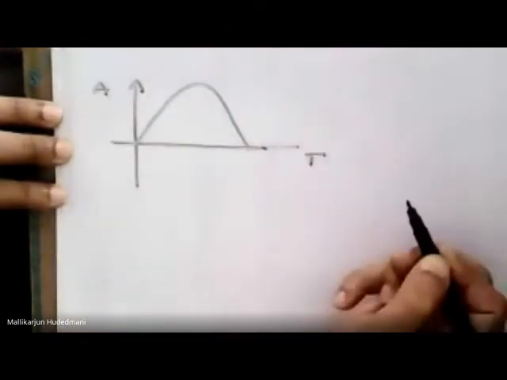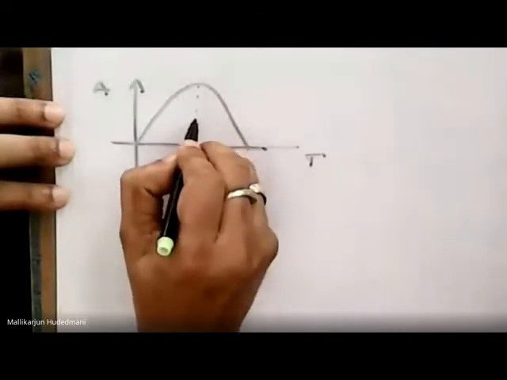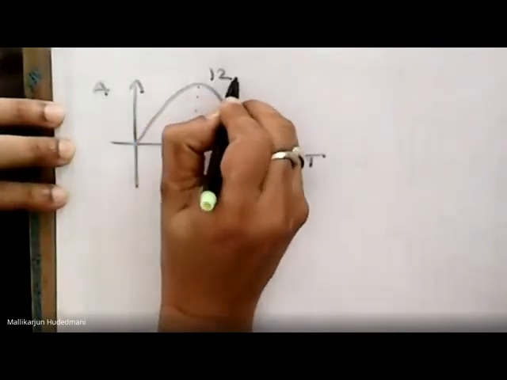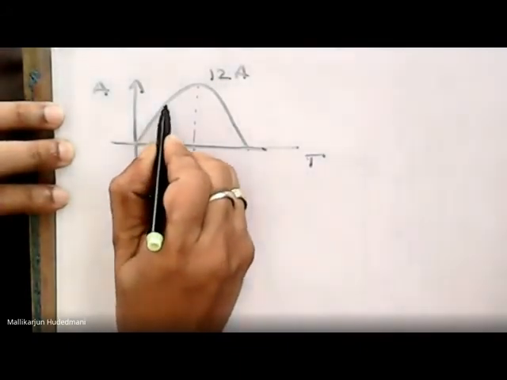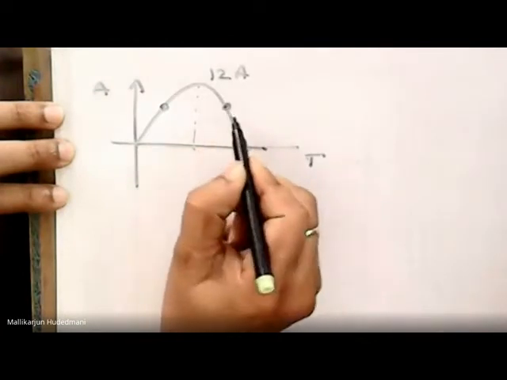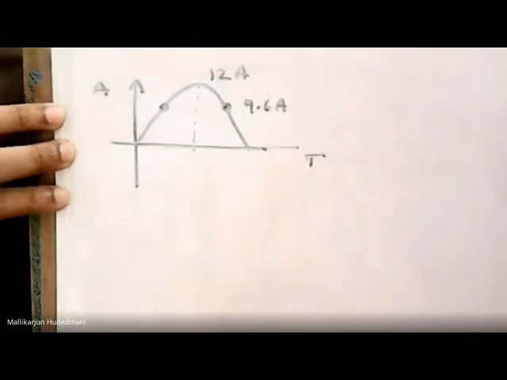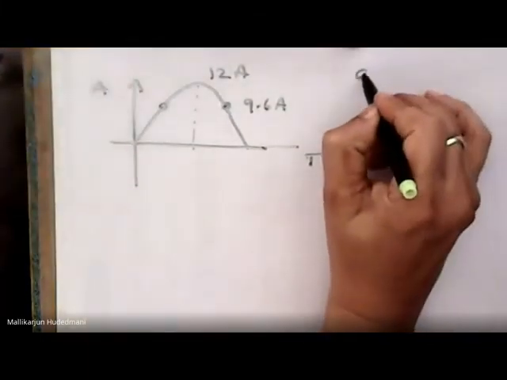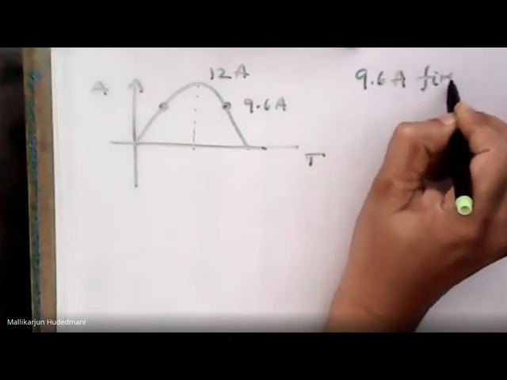This is time. About this peak axis, I'll draw here. This is 12 ampere. Correct? Then 9.6, somewhere here I mark, and the same 9.6 I'll mark here also. That is called 9.6 ampere.